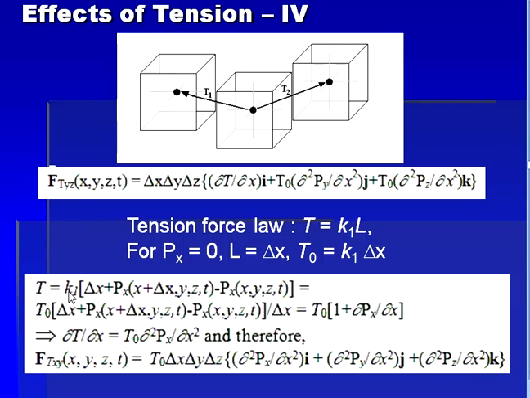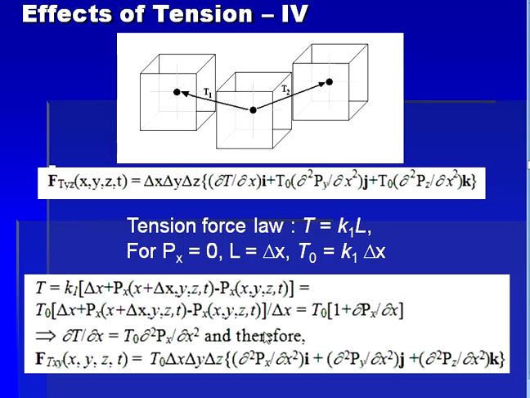We can now replace K1 by T0 over delta x, and once again recognize that delta x divided by delta x is 1, and P of x evaluated at x plus delta x minus P of x evaluated at x, with y, z, and t going along for the ride, is again the partial derivative of P sub x with respect to x.